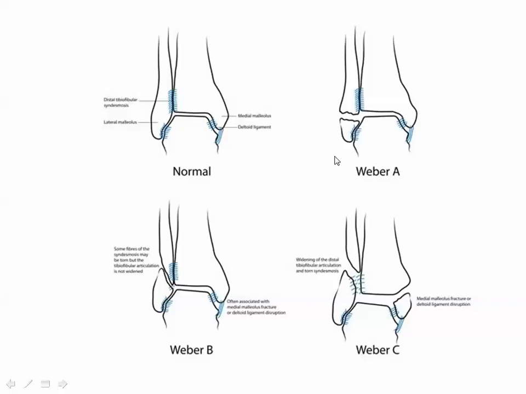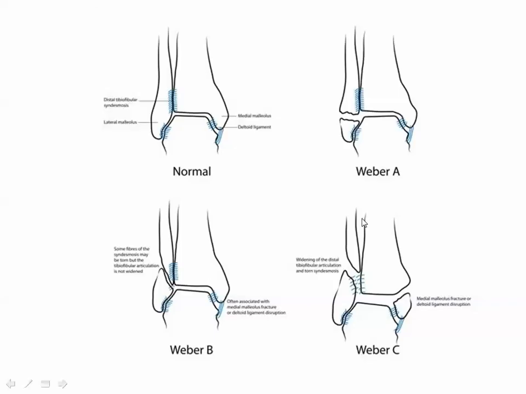If the fracture of the fibula is below the tibiofibular syndesmosis, and you remember in the lecture of the ankle, I have mentioned that there are two types of ligaments along the lateral aspect of the ankle. The first one is the lateral collateral ligament, and the second one, which is slightly above, is the tibiofibular syndesmotic complex.